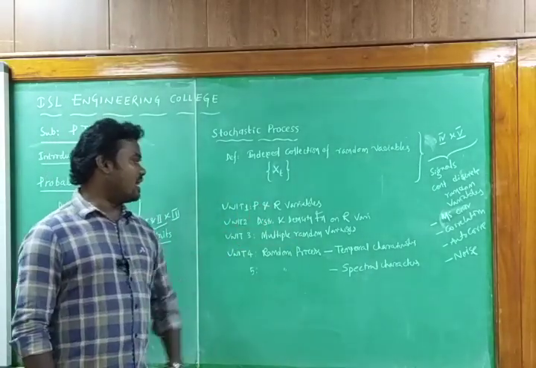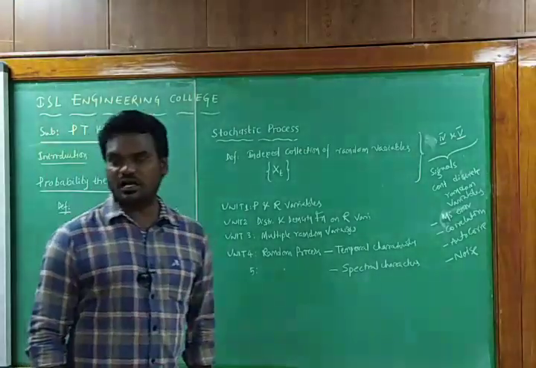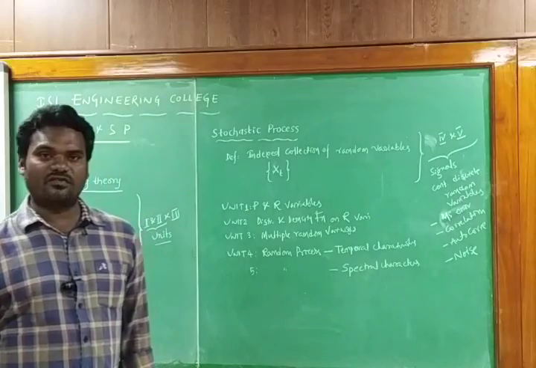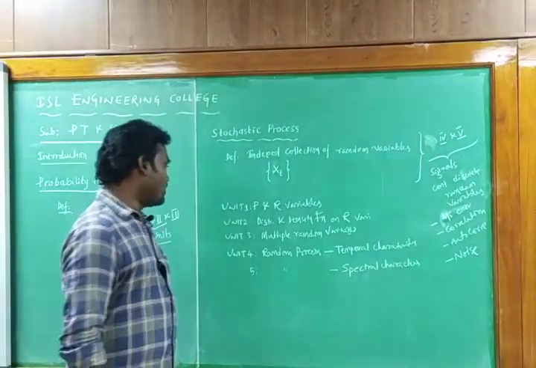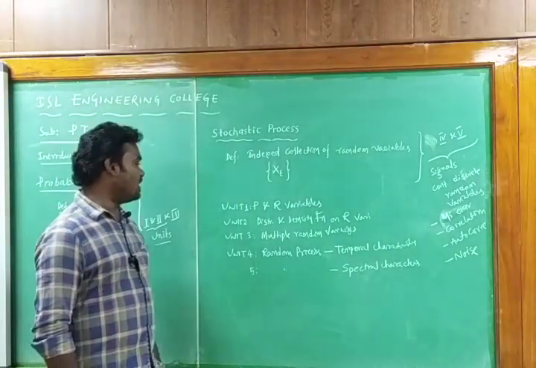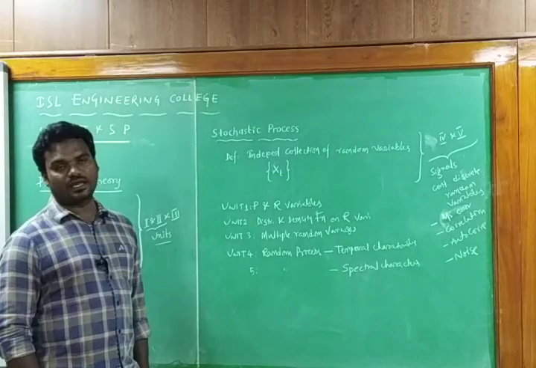Coming to the other part of the first unit, that is random variable, here we are going to study single random variables. These 2 topics, probability and random variables, are discussed in the first unit.